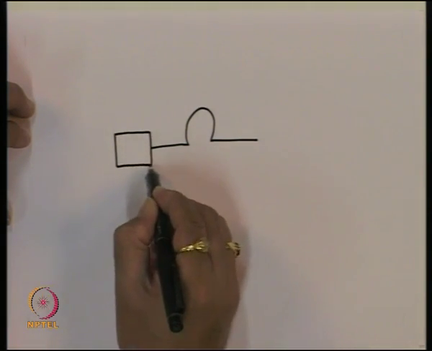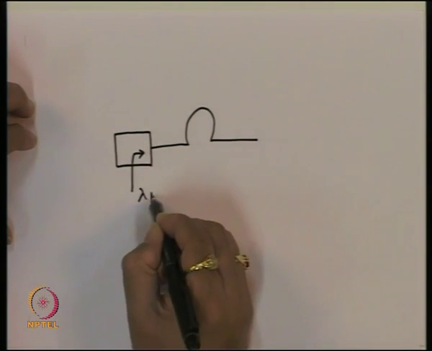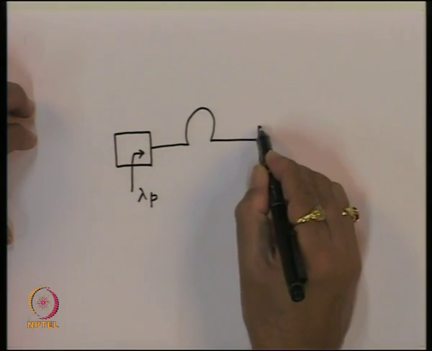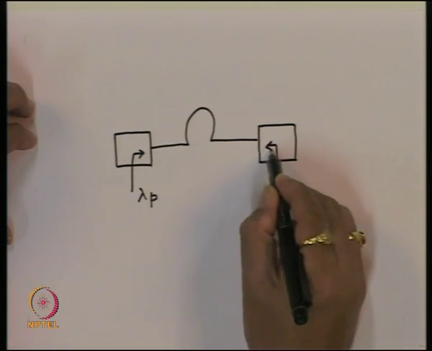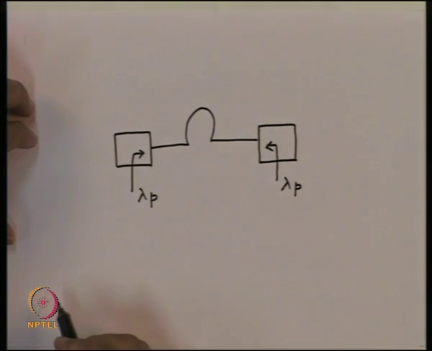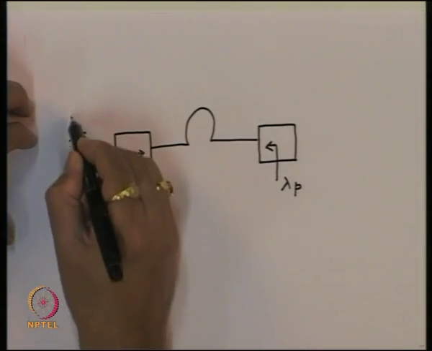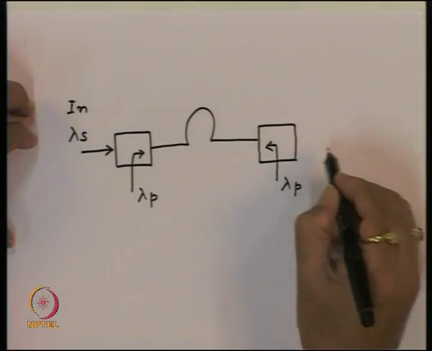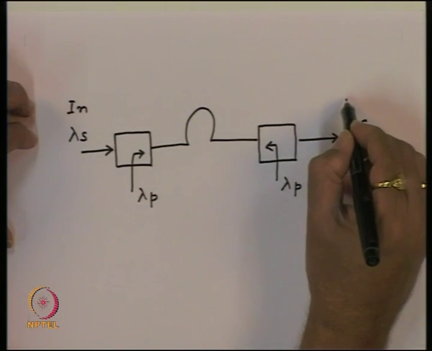So, we have one coupler where the pump lambda p is combined, and we have another here, where the pump is supplied backwards, lambda p. And this is the signal, lambda s, this is the input, and we get the output from here, which is amplified.